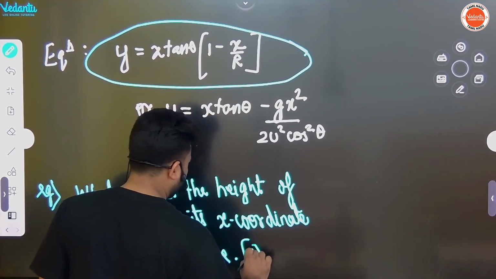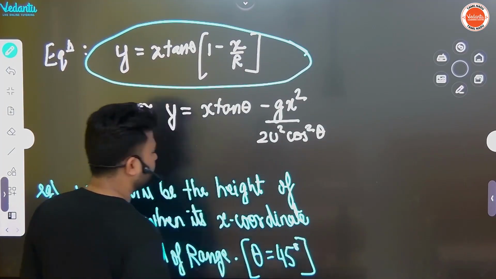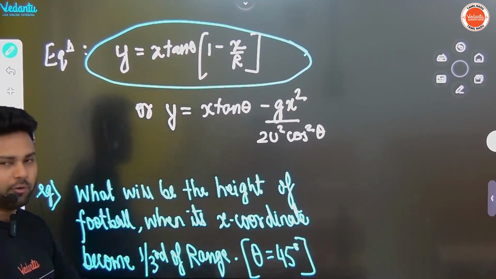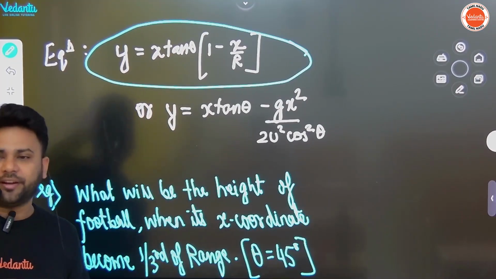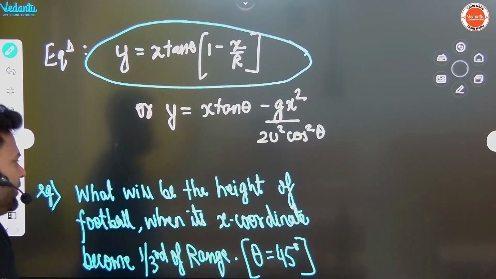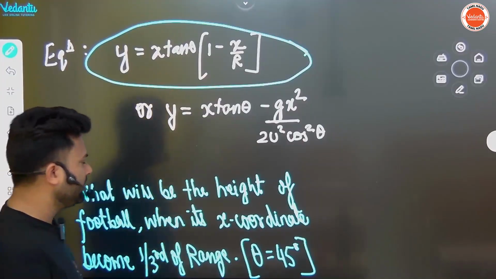Keep theta equal to 45 degree. This is the question. What will be the height of the football? Height means y coordinate they are asking, and this distance means x coordinate, when its x coordinate becomes 1/3 of range.